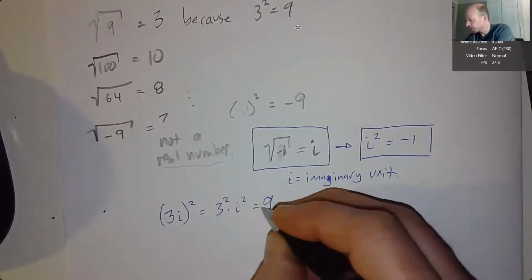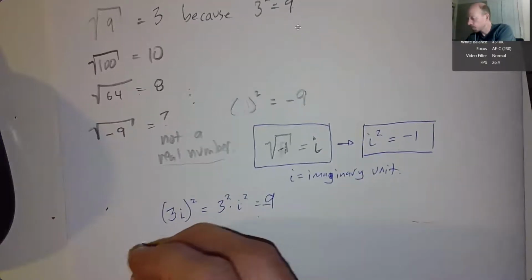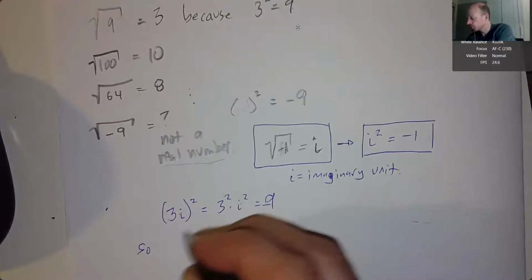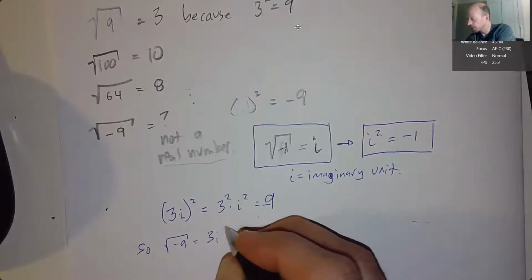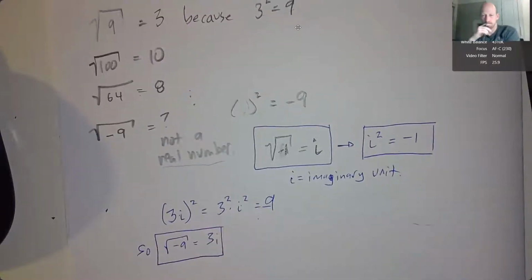So that gives me minus 9. So since I have a number squared that gives me minus 9, the square root of minus 9 is this value 3i.